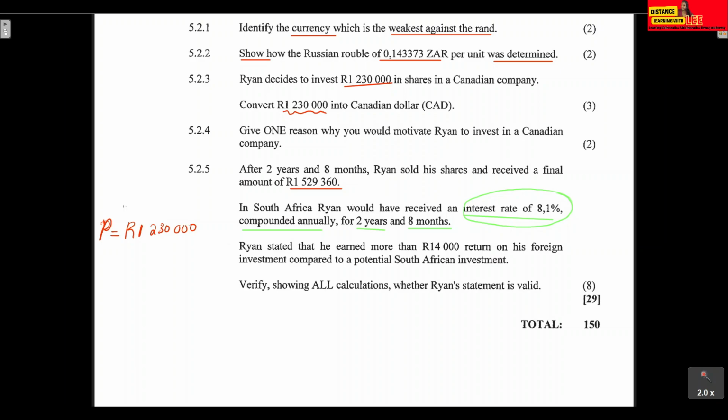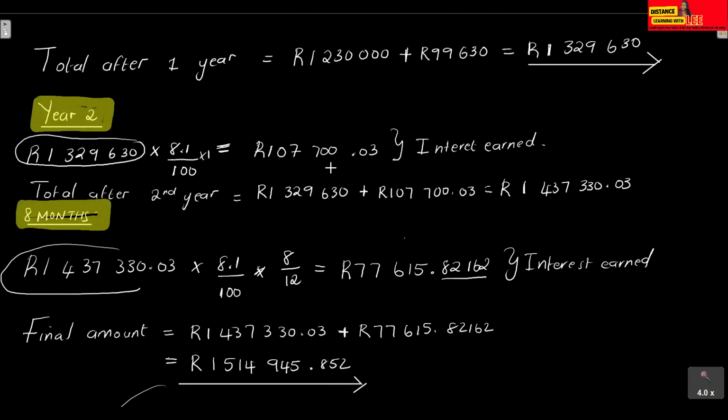What's important with this section is that you realize that when you're calculating your interest, you do not use a formula, but you need to show all the steps that you need to follow to get to the final value.